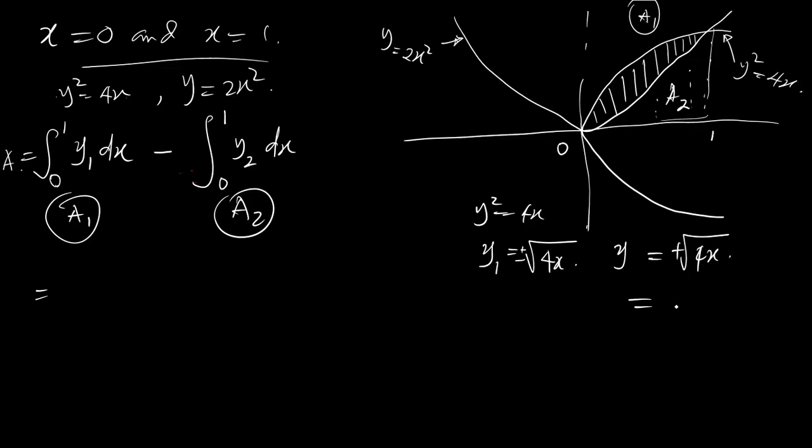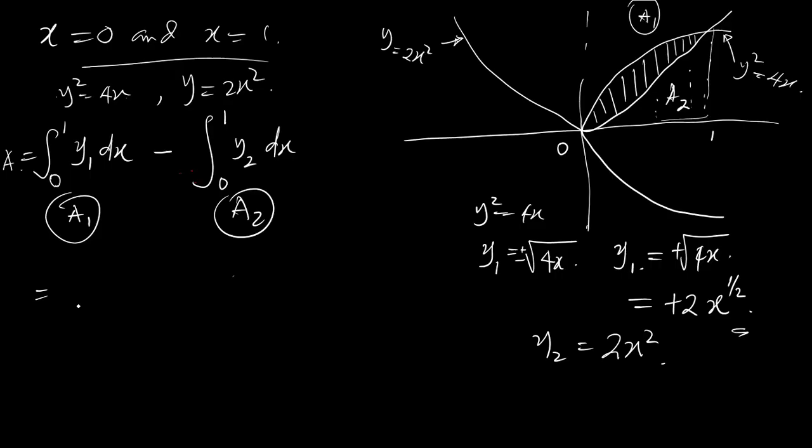So this will now be plus 2x raised to power 1 all over 2. That is it. So now, that is our y1. Then but our y2 is what? 2x squared. So we're going to substitute these expressions.